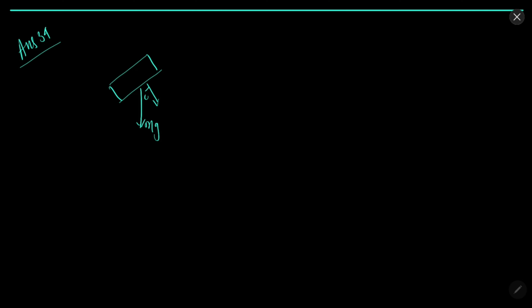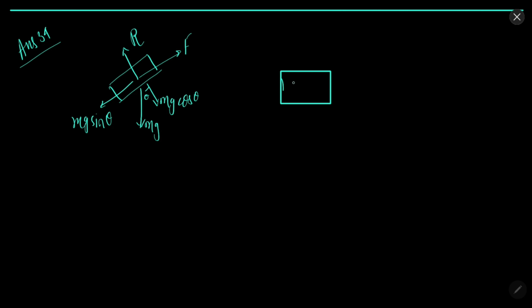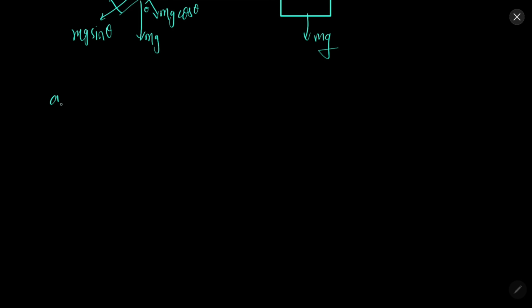mg, this is theta, mg cos theta, mg sin theta, reaction force, and the object which is straight up like this, F and mg. So the work done in the first case will be mgh, 0.2 into 10 into 3.2, 6.4 joule.